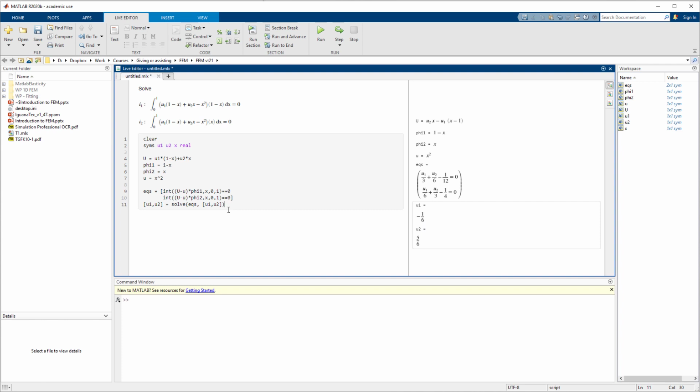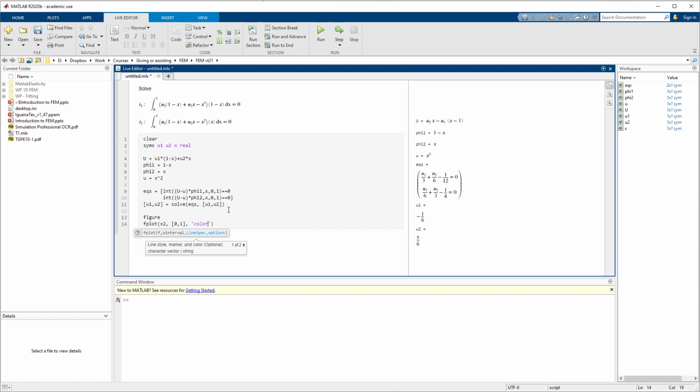Okay, let's not stop here. Let's plot this to really show what's happening. So I can say, all right, give me a figure. It's not necessary to do this, but it's good practice. So figure and function fplot, and x squared, and then the range. This is going to be from 0 to 1. And you know what? I want this to be red.